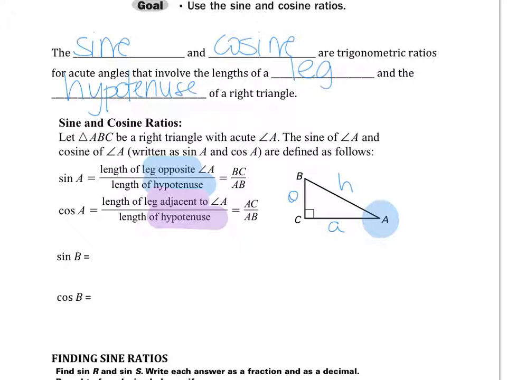So if I change my reference angle to B, this now becomes opposite, and this now becomes adjacent, so that the sine of B would be opposite, which is AC, over hypotenuse, which is AB, and the cosine would be adjacent, which is BC, over hypotenuse, which is AB.